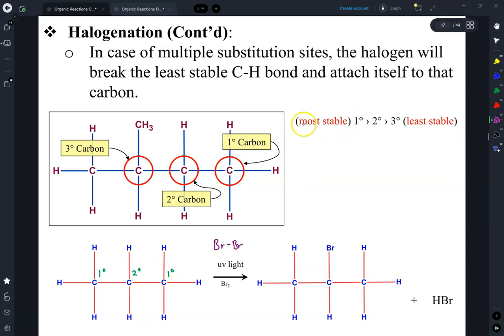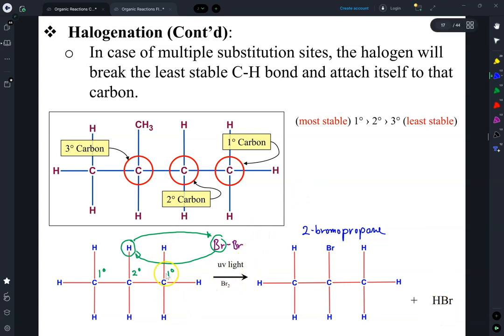Because the primary carbons are quite stable, it would be difficult for the bromines to break the CH bonds at these locations, and it's more likely to react at this site, the secondary carbon, instead, because it's less stable and more likely to break. So this hydrogen will be substituted with this bromine to produce 2-bromopropane and the hydrogen halide, in this case hydrobromic acid.